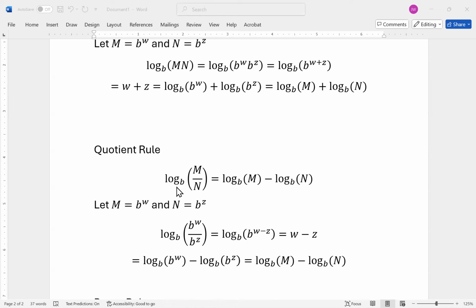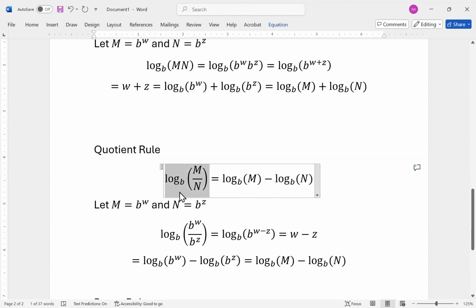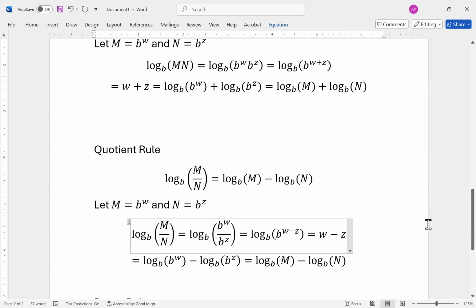Then log base b of m divided by n is going to be log base b of b to the w power divided by b to the z power. m is equal to b to the w, n is equal to b to the z.